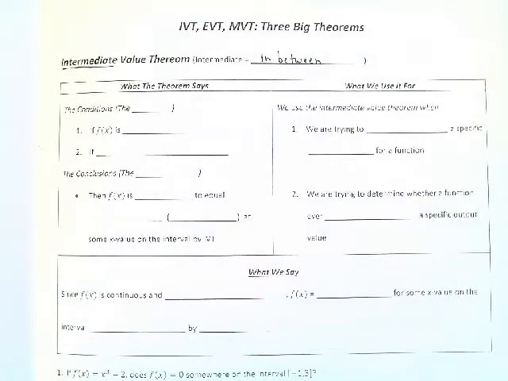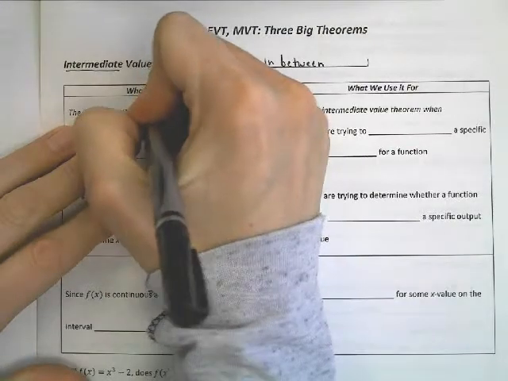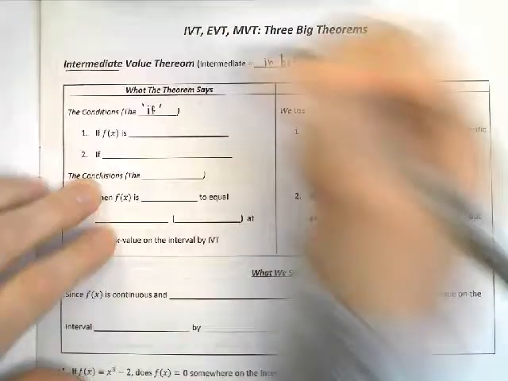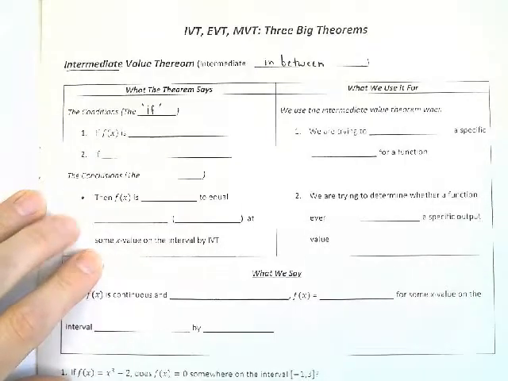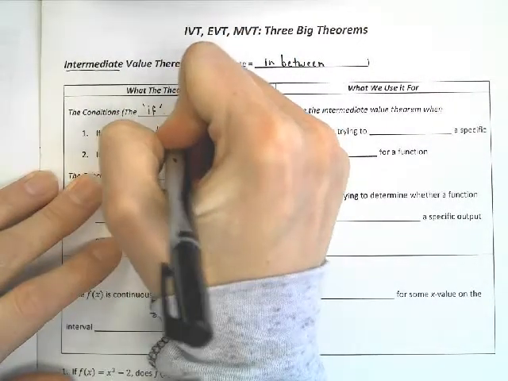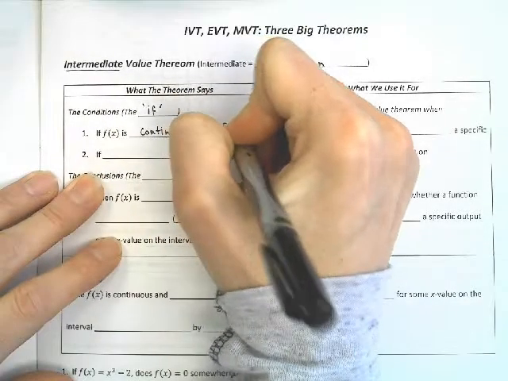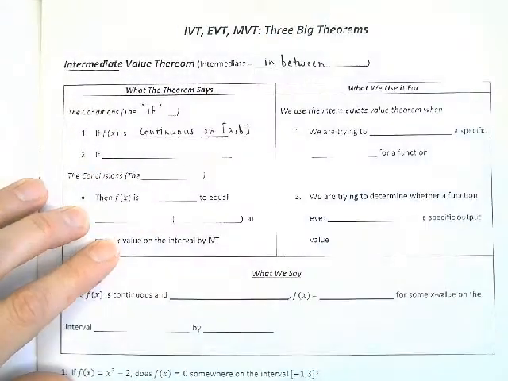Okay, and here's what the theorem itself says. So the conditions, kind of the if part of our theorem. The first condition is that f of x is continuous on a closed interval from a to b.